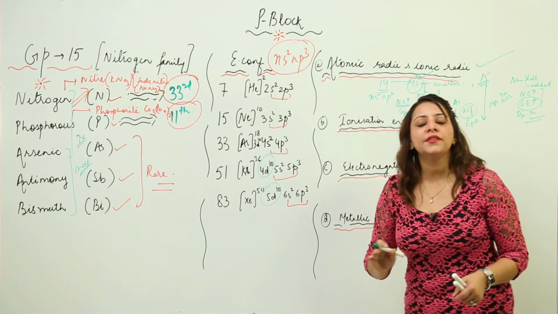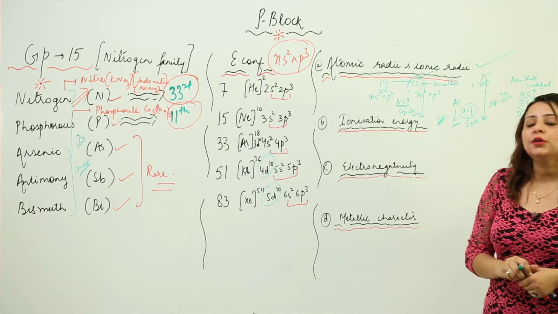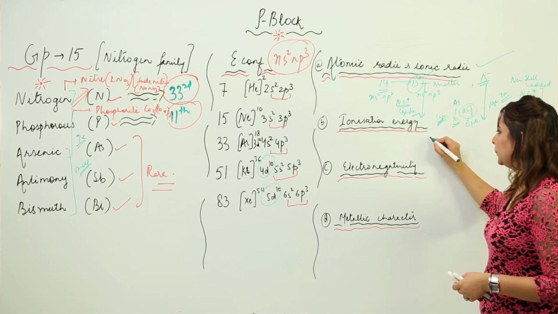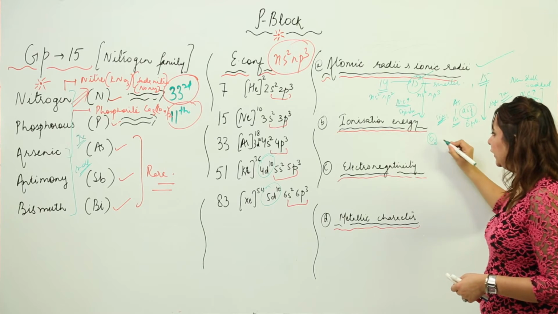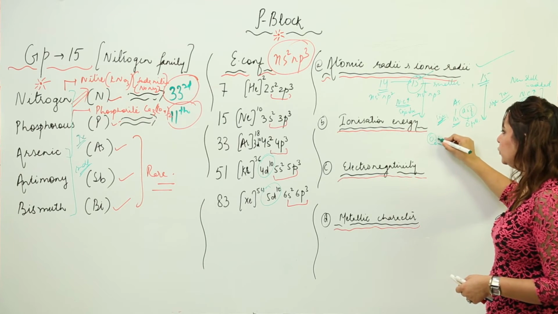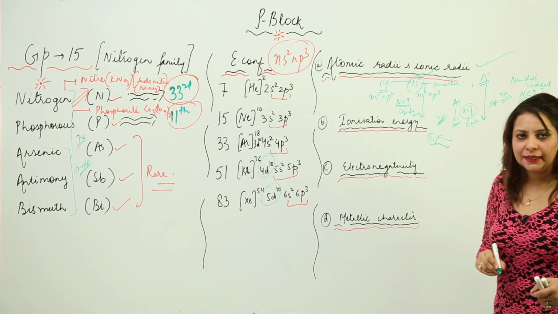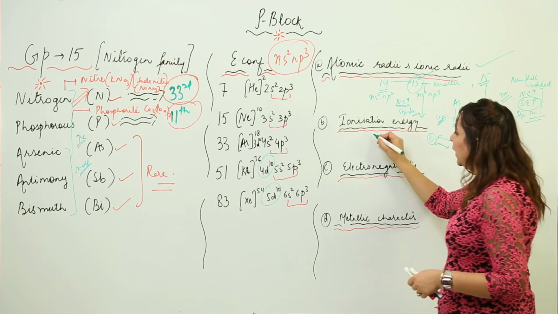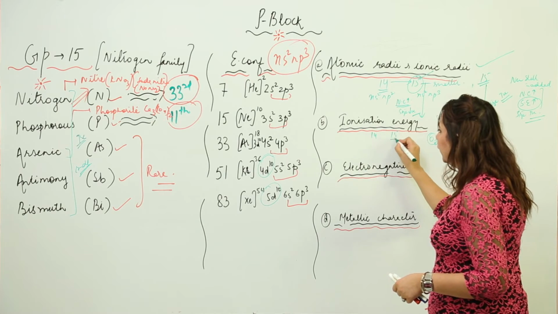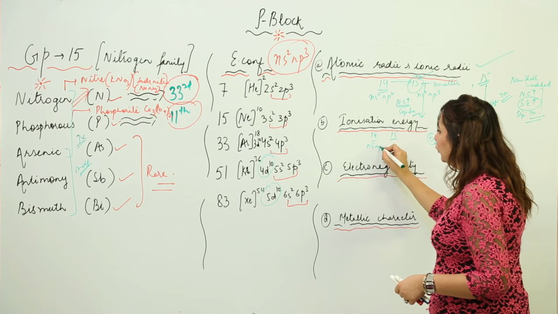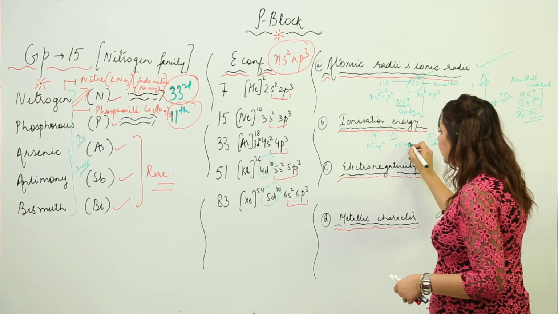When we talk of ionization energy, you know that whenever we have an electron and need to remove it, we need to supply certain energy, and that is ionization energy. If we compare the ionization energy of groups 14 and 15 first, we will see that the configuration here is ns2 np2, and here it is np3.